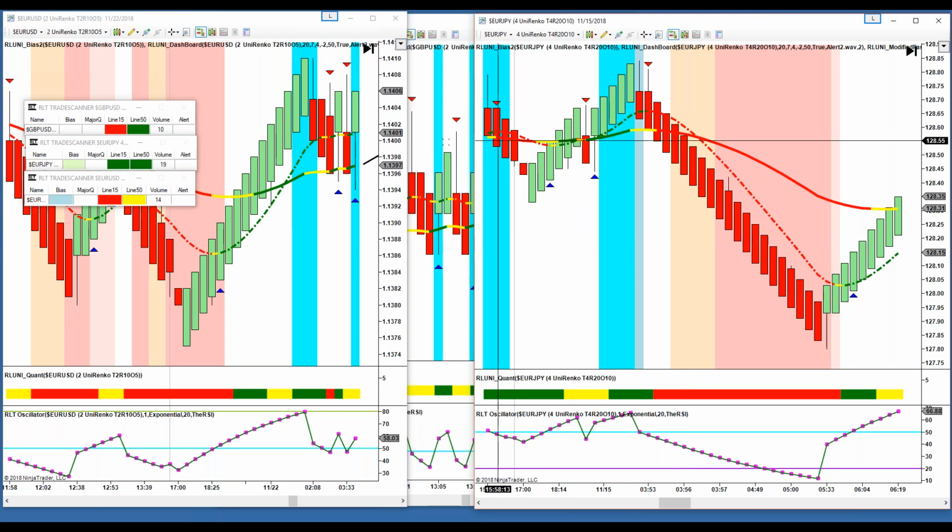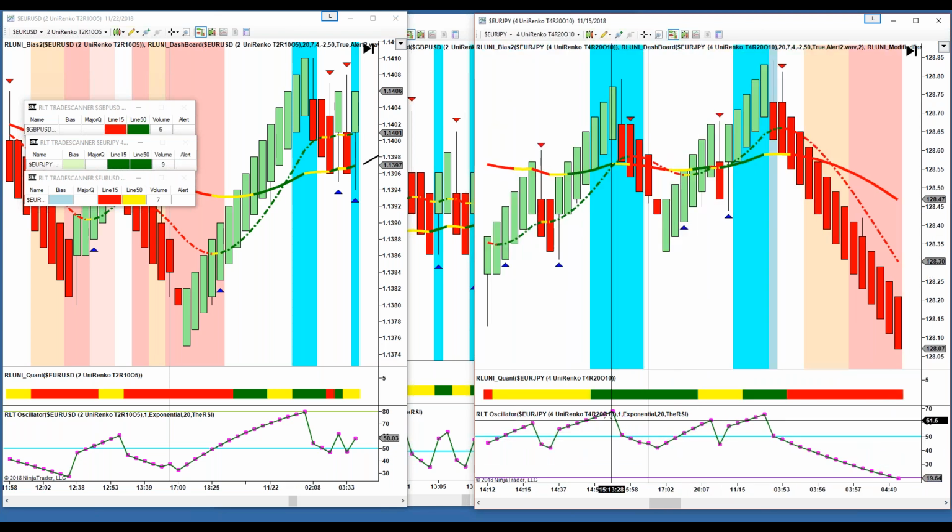Now, our oscillator, which gives you the entries right here, is an exponential oscillator. And that's because price moves in an exponential fashion. So all we did was take an oscillator formula, X, and take it to the second power to make this move faster. Now, every time the oscillator line crosses the 50 magenta line to the downside, you're going to get a down.